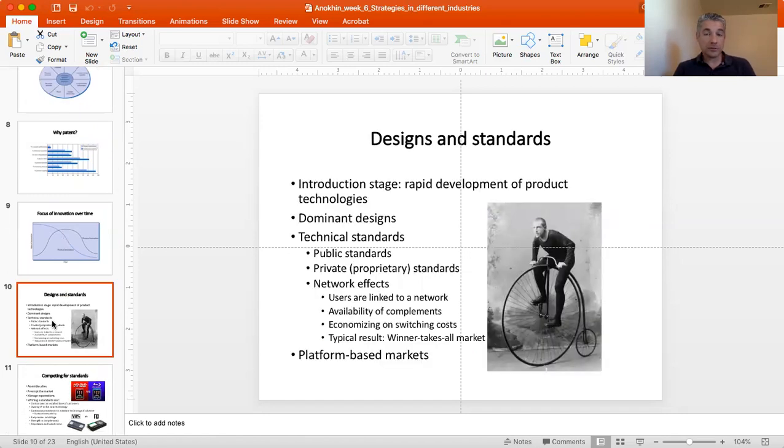In the early stages of industry life, there are typically multiple versions of the same product. There are multiple standards that are possible for companies to consider. So there's a rapid development of product technologies. At some point, however, two things happen. One is there's this dominant design that emerges, right?